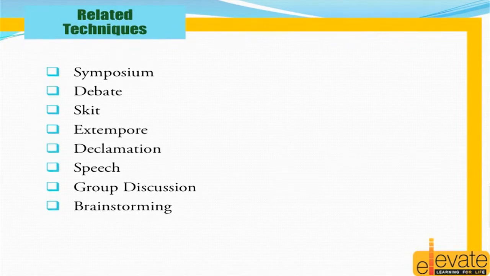This is something like street drama. Students need not require any kind of makeup or costume. They just know the subject, they decide what role they have to play, and then start acting. So skit activities are also part of Elevate books.